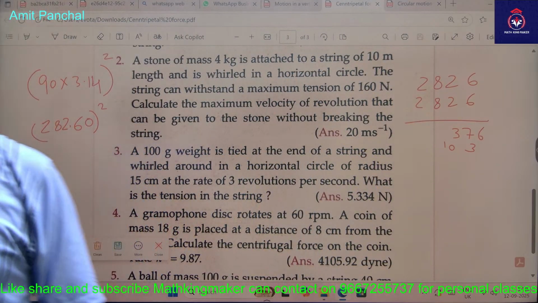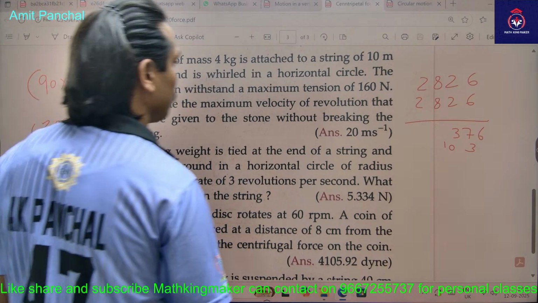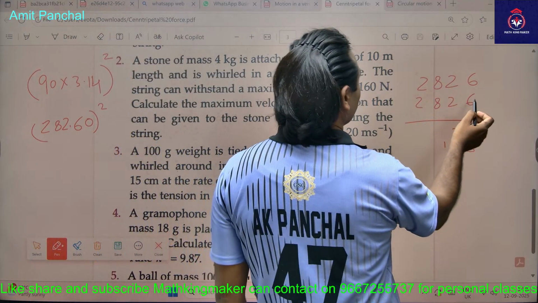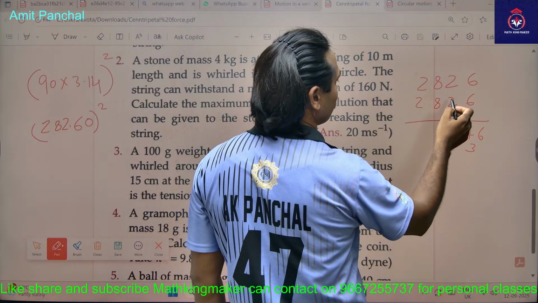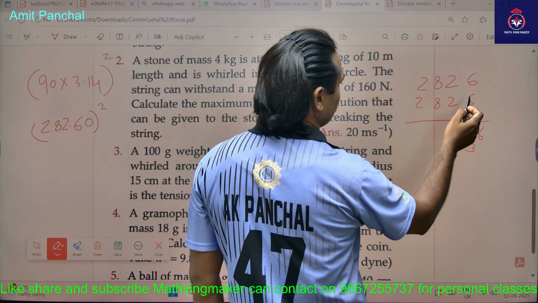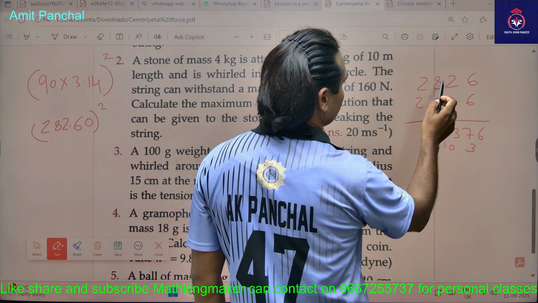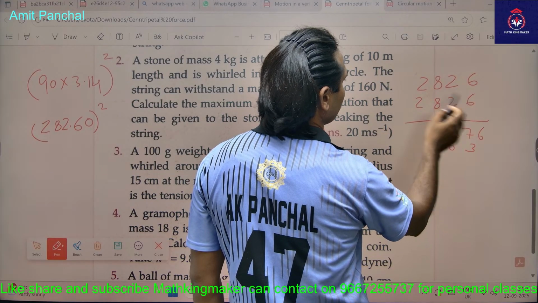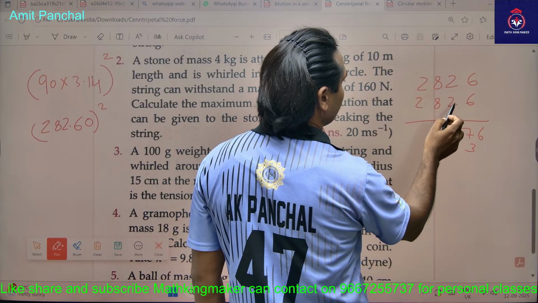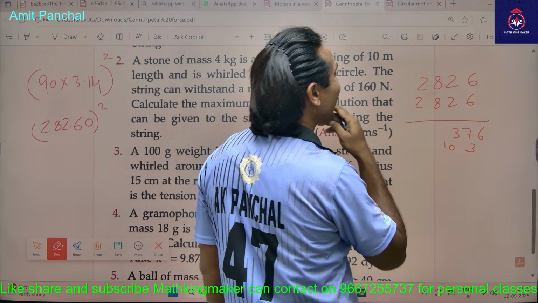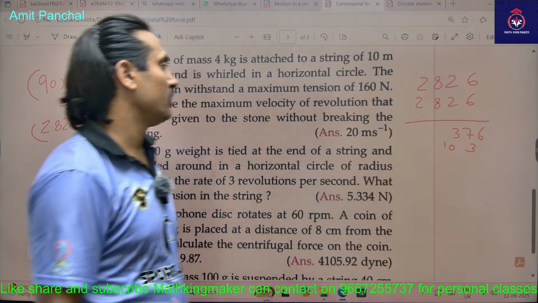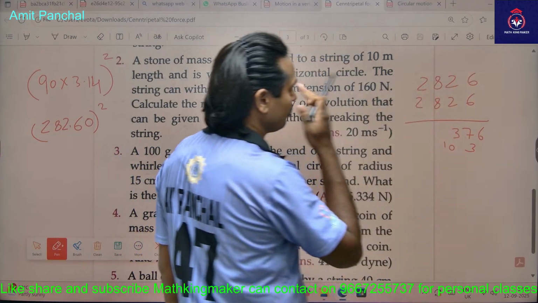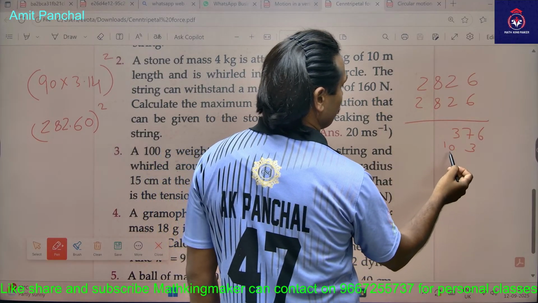This is the Urdhva Tiryak method, a method of Vedic mathematics. 12 plus 4 16, 12 plus 16 28, 28 plus 16 is 44, 44 plus 12 is 56, 56 and 10 is 66.